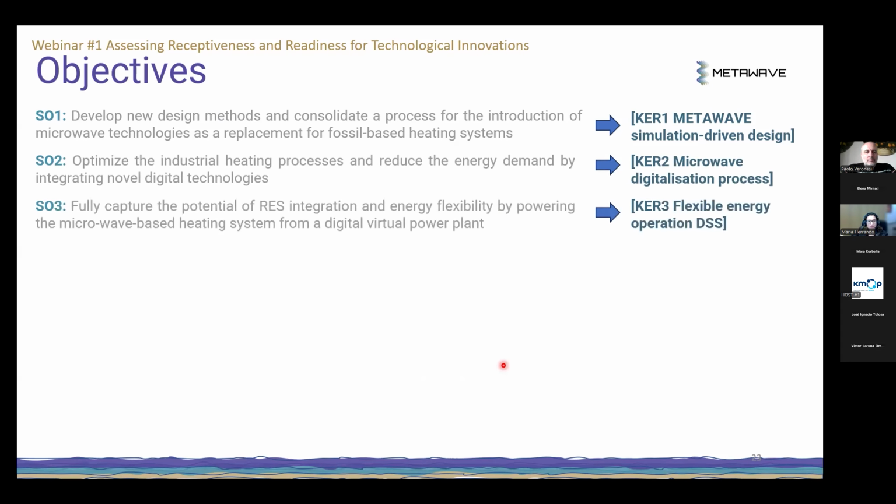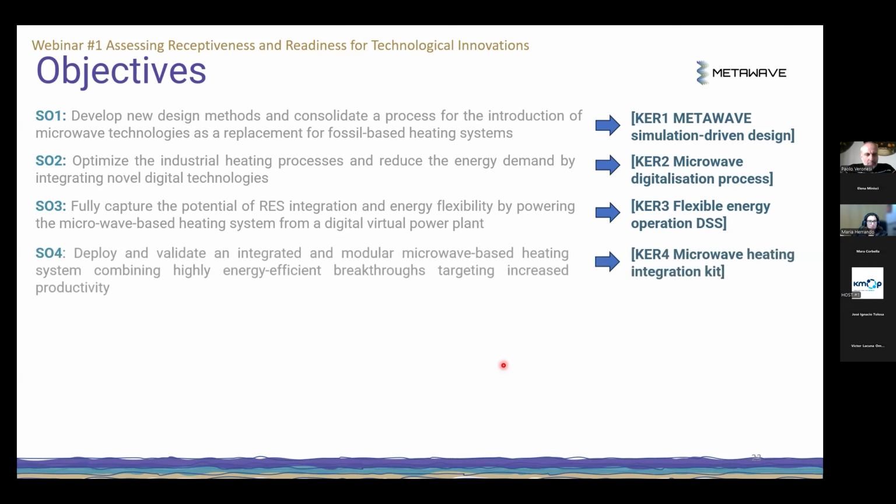The third objective is to fully capture the potential of renewable energy integration and energy flexibility by powering the microwave-based heating system from a digital virtual power plant that will provide another result, that is a flexible energy operation decision support tool.